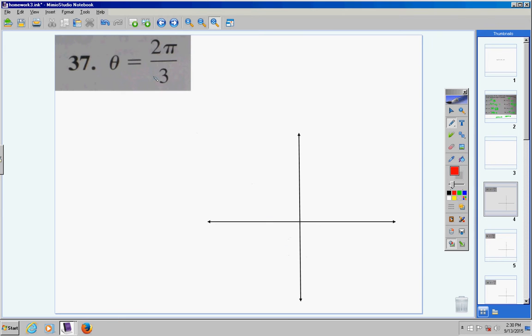Okay, my angle is 2 pi over 3. Now from here to here is 1 whole pi, 1 pi, okay? I'm going to 2/3. So I'm going to stop before I get there. So I'm just estimating. There we go, 2/3. Alright, so this is theta equals 2 pi over 3. Now my reference angle is always the angle formed by the x-axis and the terminal side.